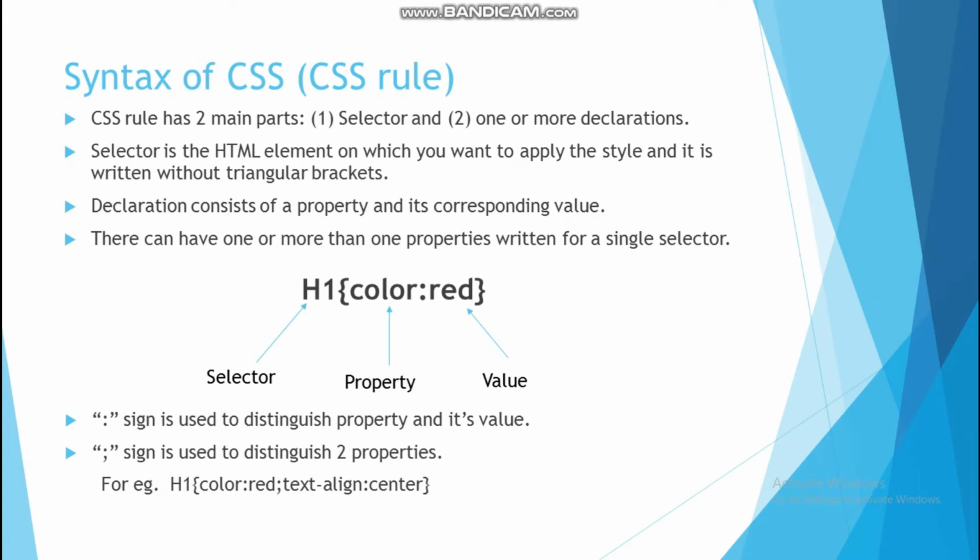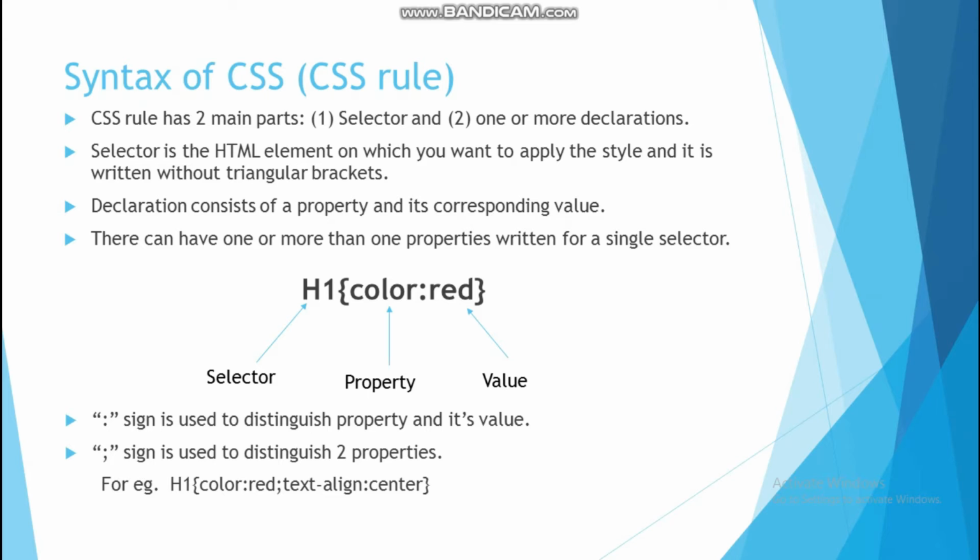So colon sign is used to distinguish property and its value. And remember, if there are two or more than two properties, then we have to separate them using semicolon sign. So semicolon sign is used to distinguish two properties. For example, h1 color colon red, that is first property and value, then semicolon is given, and then text-align colon center.